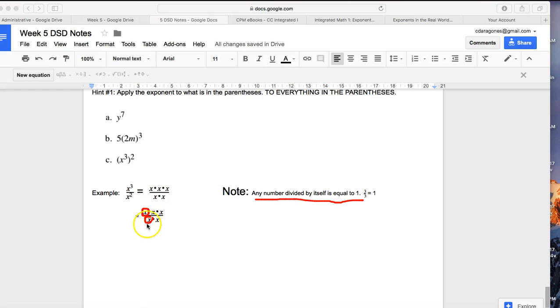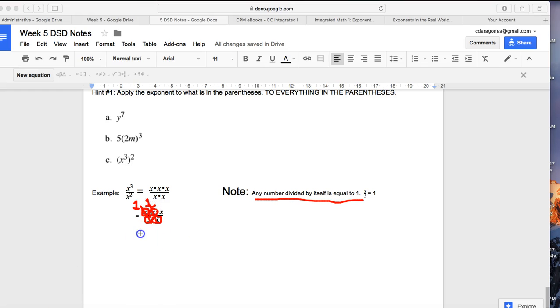So x divided by x just becomes 1. So I can make that into a 1. x divided by x is again equal to 1. So we're really left with 1 times x.